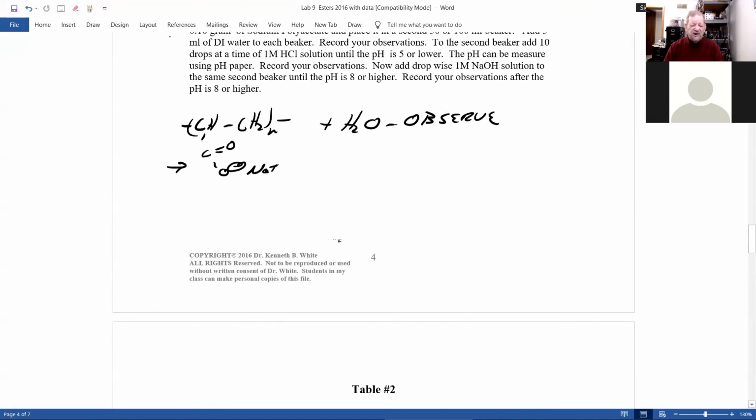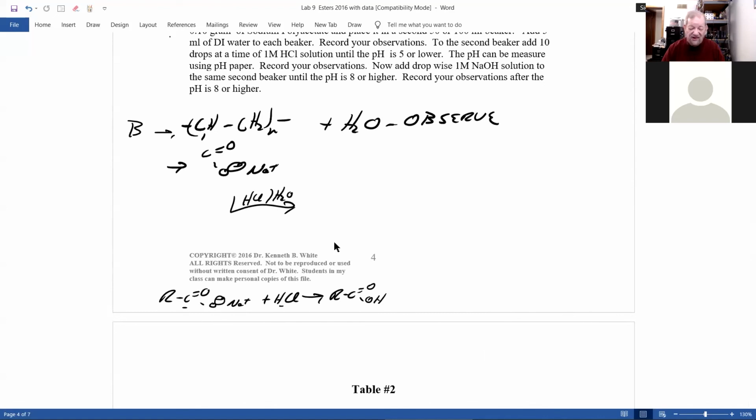Now, what you're going to do is, in beaker B, take this with water and add some hydrochloric acid until the pH is acidic. And what's the reaction we're doing? The carboxylate anion is a base, HCl is an acid, you get back the carboxylic acid.